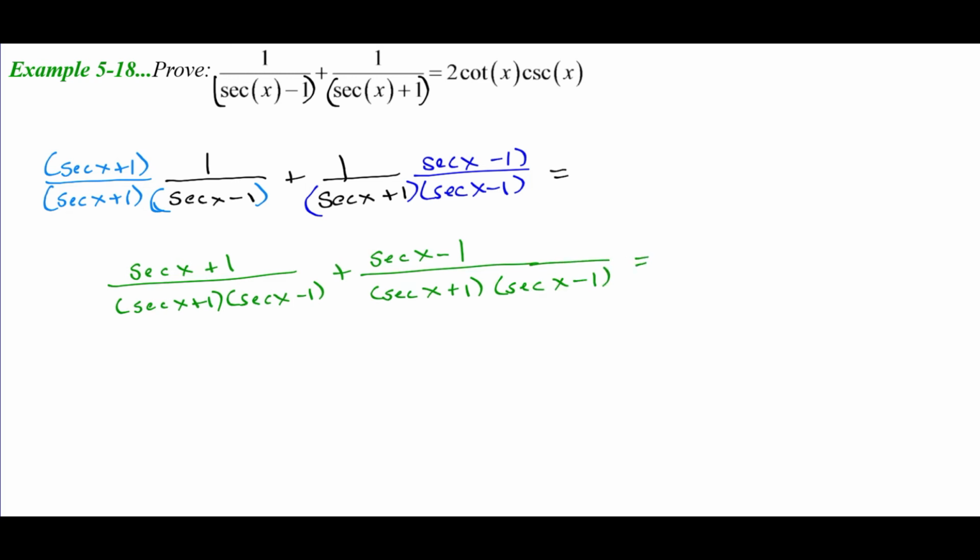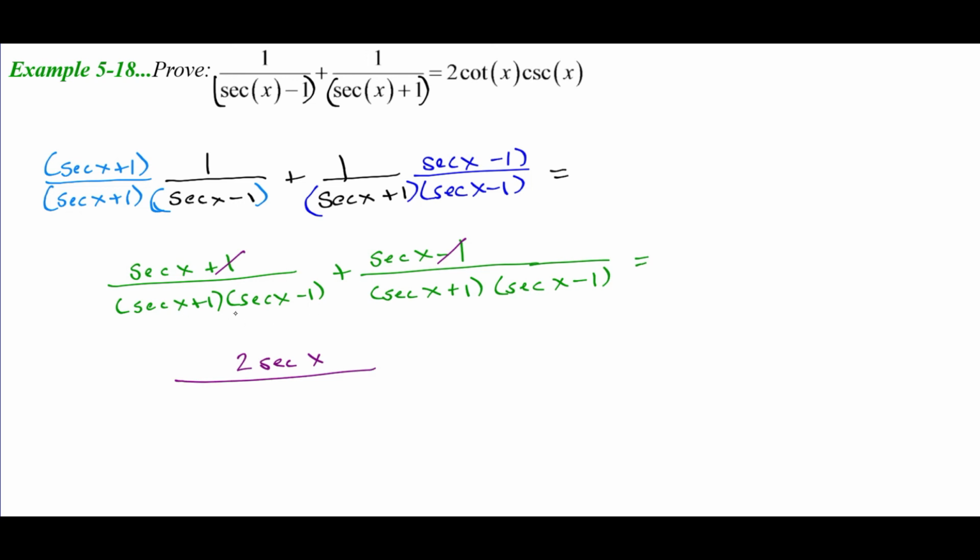And I'm not changing the other side at all. Now I have a common denominator, so I can go ahead and add these two fractions. So I have a secant x plus 1 plus a secant x minus 1, which is going to give me 2 secant x. And then the plus 1 and the minus 1 are going to cancel out. So I just have 2 secant x over my common denominator.